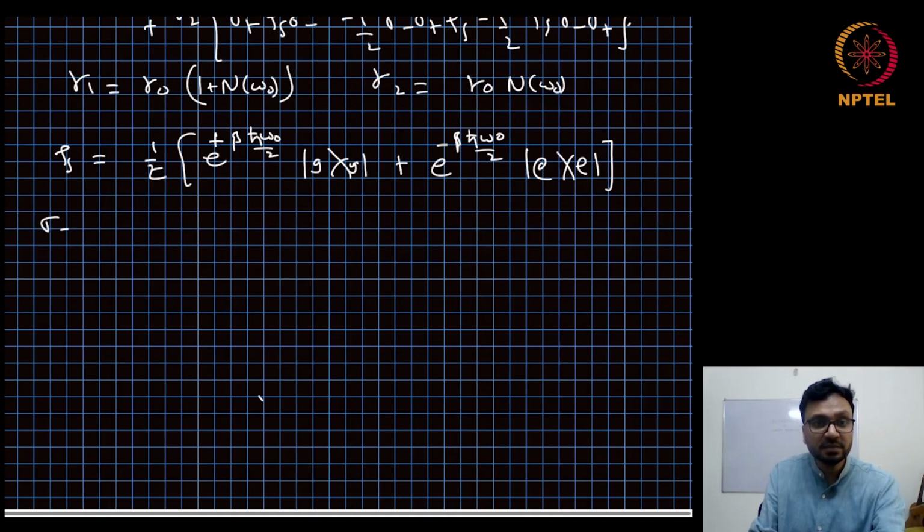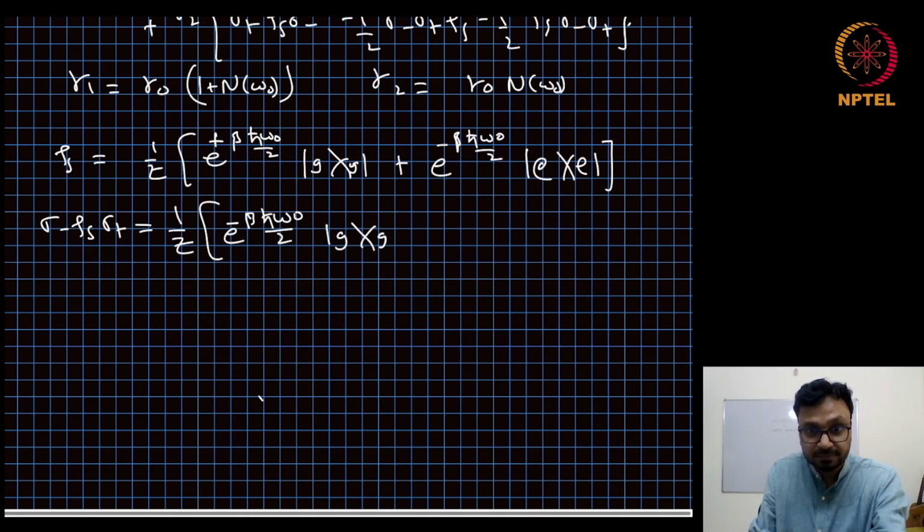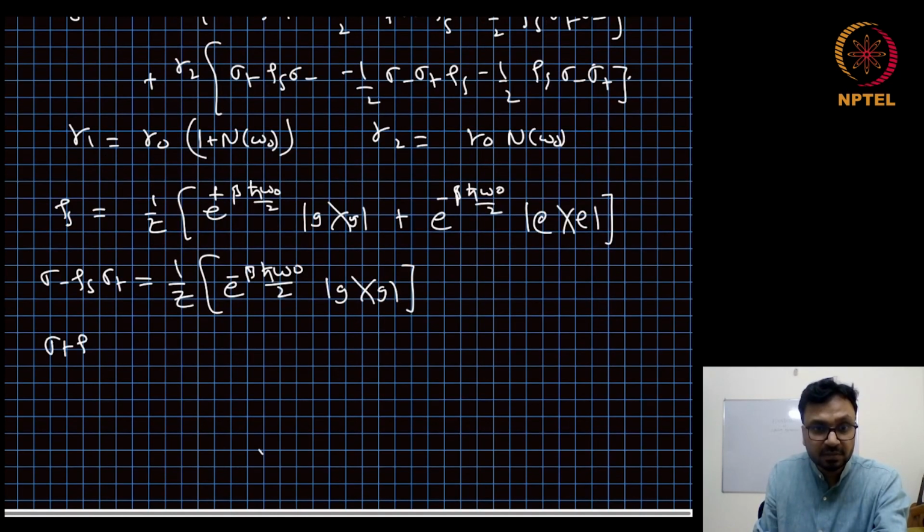So σ- ρ_s σ+: σ- acting on the ground state gives us 0, so we don't get anything. σ- acting on the excited state gives us the ground state, so it becomes e^(-βħω0/2) times |g><g|. Similarly, σ+ ρ_s σ- will be 1 over Z times the exponential times |e><e|.